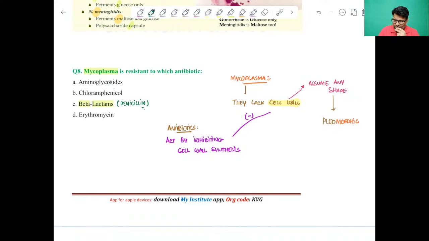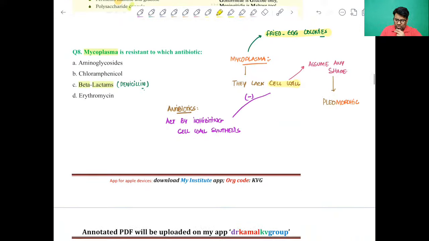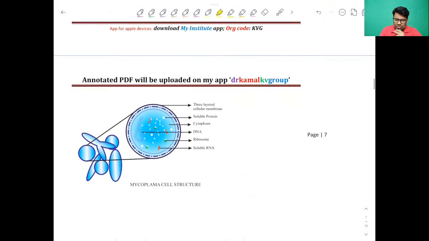And at the same time, you can just add one more fact that they show fried egg colonies. Clear? So you can just add this one more important word, and this is a component of MCQs many a times. Clear? So just remember these few words about Mycoplasma, and here you can see they are looking oval, they are circular, then some branching pattern.